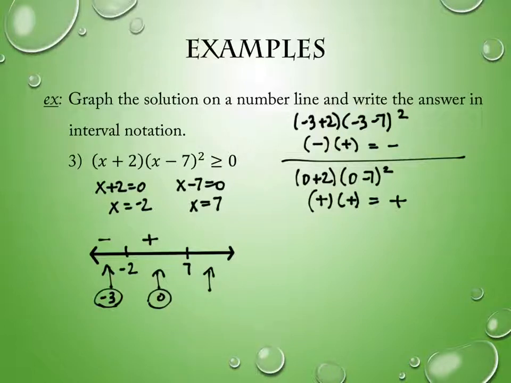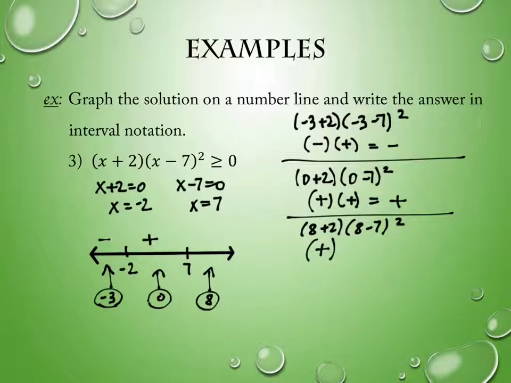So picking a number bigger than 7, I'll just choose 8. I would have 8 plus 2 times 8 minus 7 squared. So 8 plus 2 would be positive. And then 8 minus 7 and squared would also be positive.